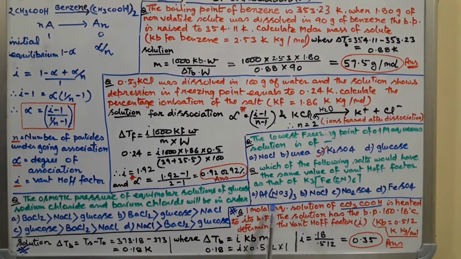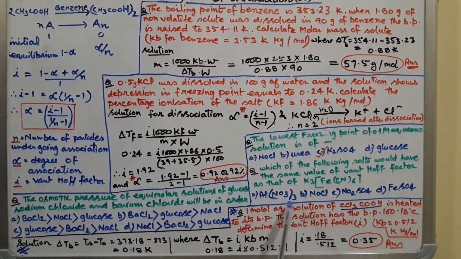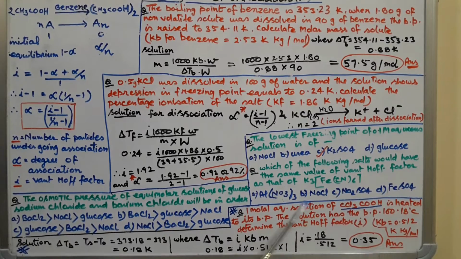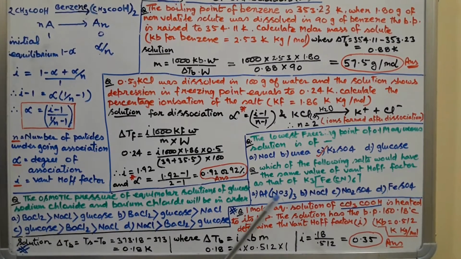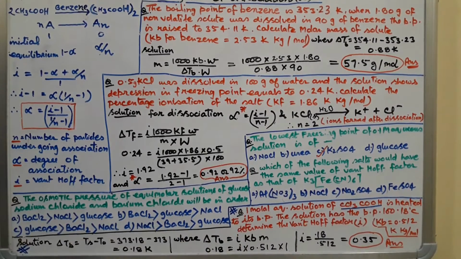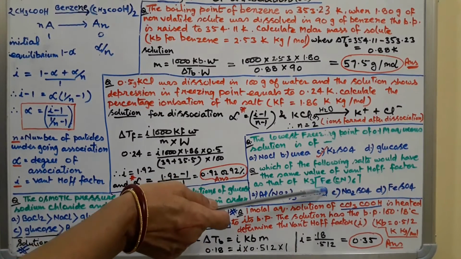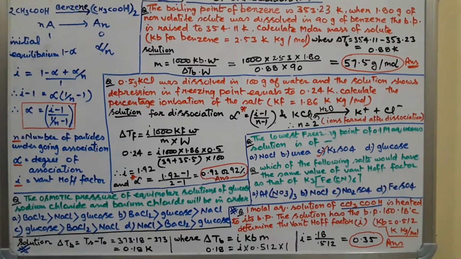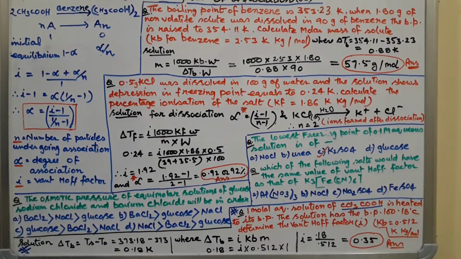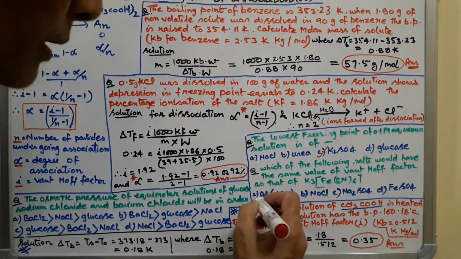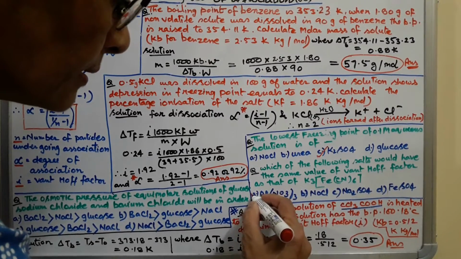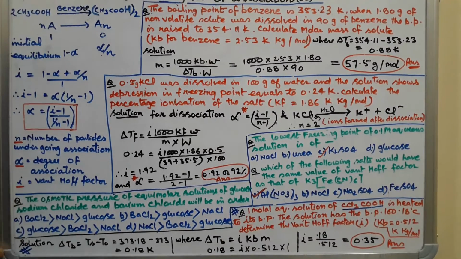How many here? Aluminum valency 3. This is 3 particles, NO3. So Al(NO3)3, that is aluminum nitrate, is going to dissociate into 4 particles here, and this one also is going to have 4 particles. So the answer is going to be here, equal number of particles. So the answer is going to be this. This is your answer. Clear?